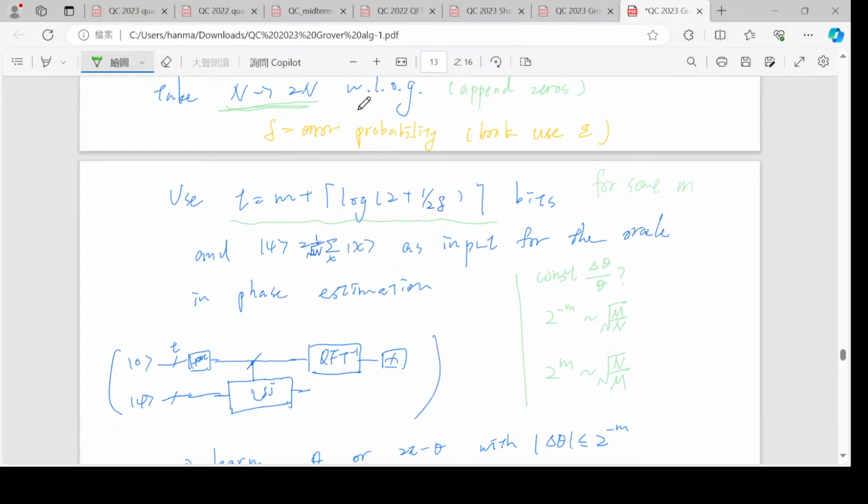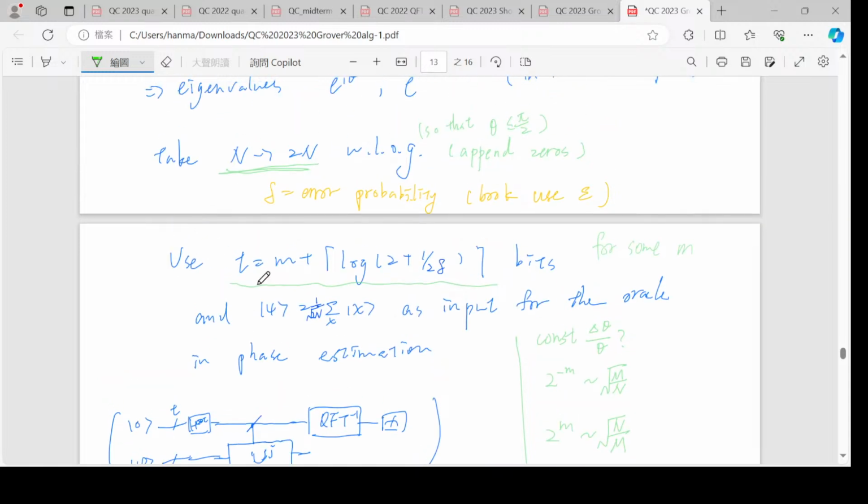So there is another error probability in the algorithm, and we call it delta here, while the book uses epsilon, so it might be a bit confusing. But anyway, as soon as we have this delta, we say there are two parameters that will be determined later.